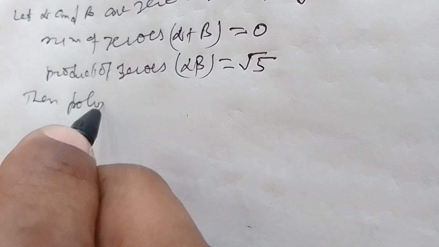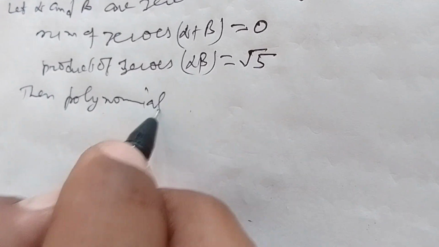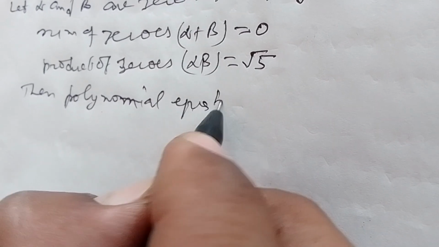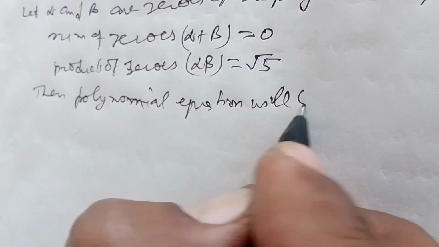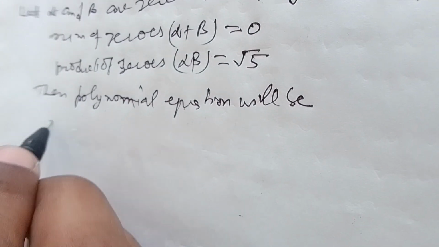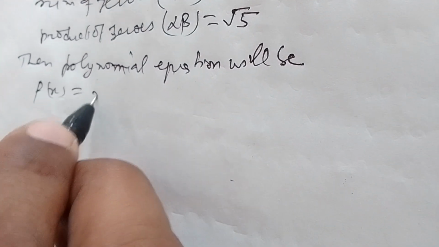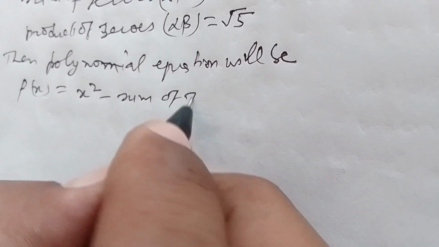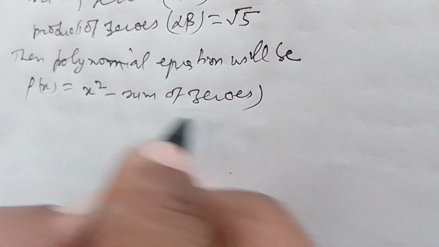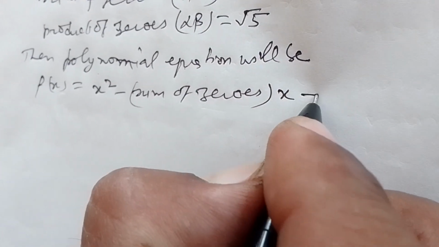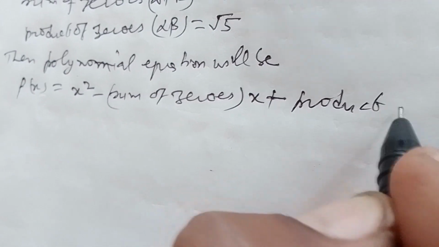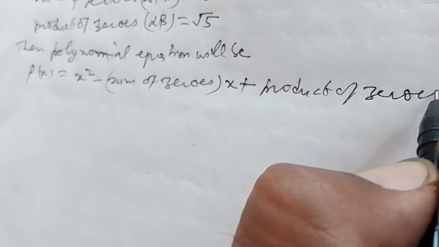Then the polynomial equation will be function f(x) is equal to x square minus sum of zeros multiplied by x plus product of zeros.